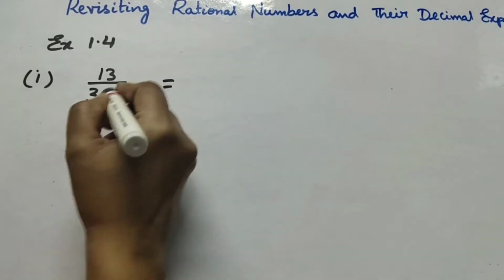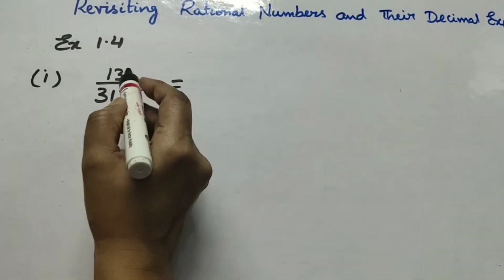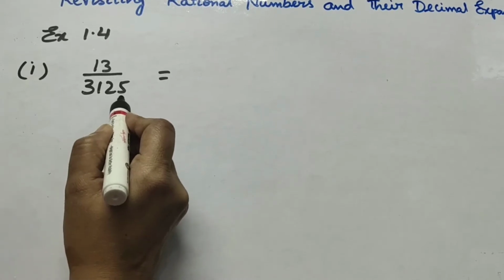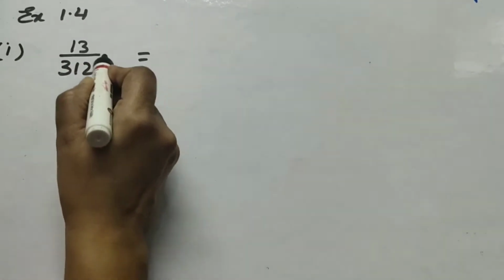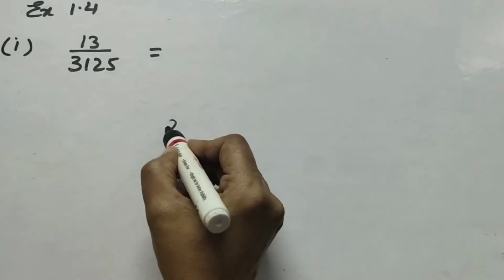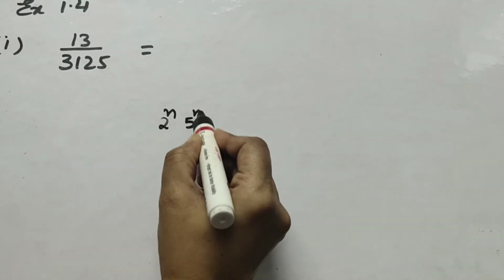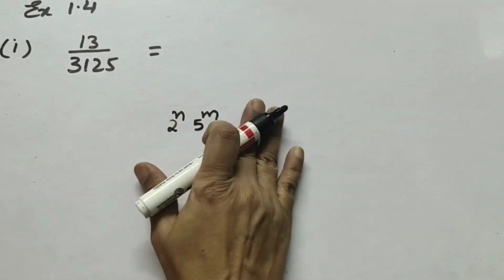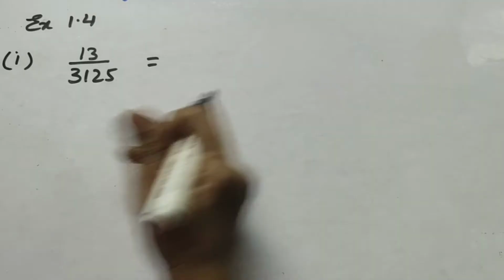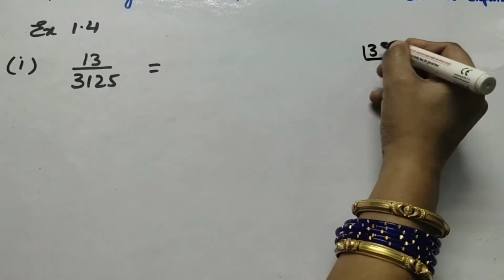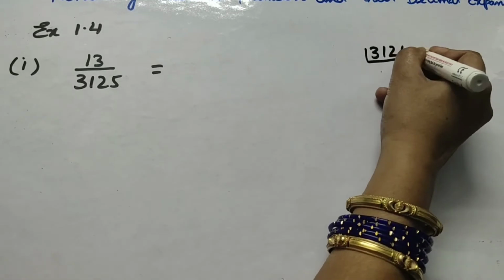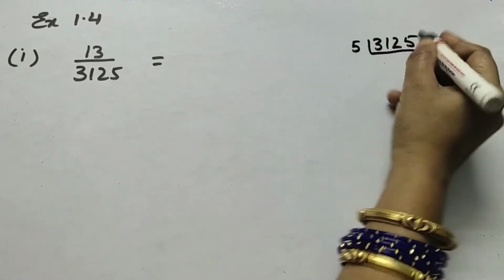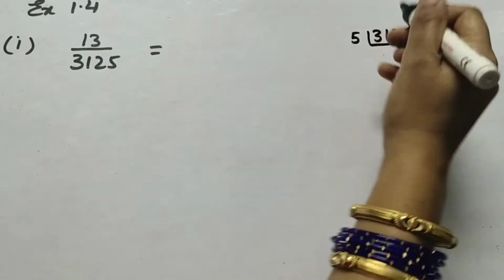Here in the numerator we have 13 and the denominator is 3125. We need to convert the denominator into the form of 2 to the power of n and 5 to the power of m. Then it can be a terminating decimal. Let us check by prime factorizing the denominator 3125. Since the last digit is 5, it is divisible by 5.